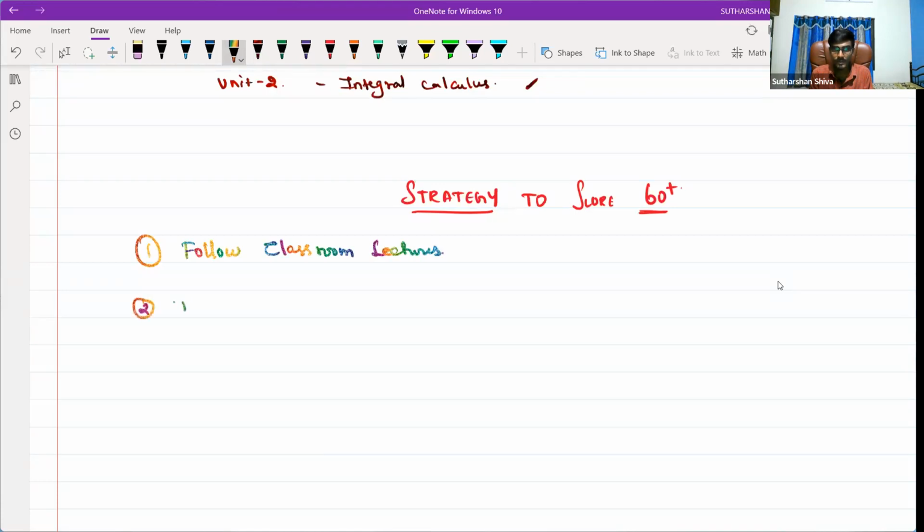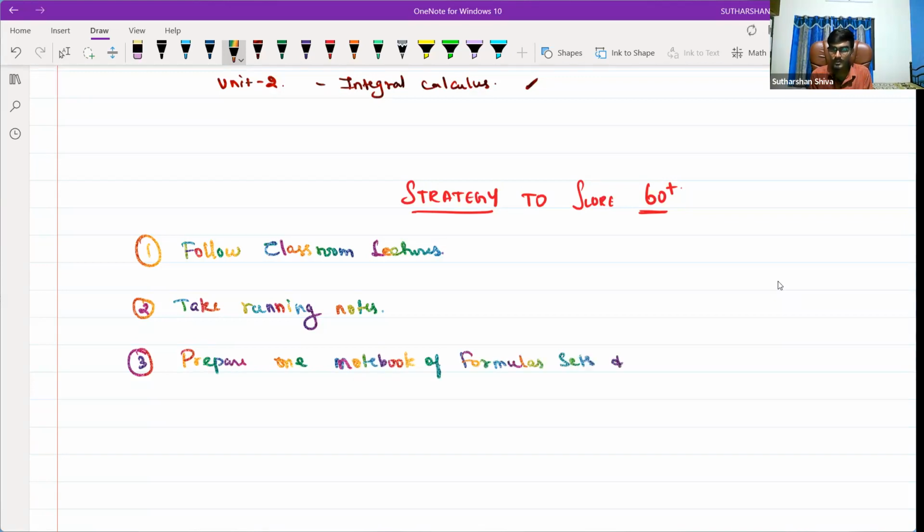Then take running notes. Third one, prepare one notebook of formulas, sets, and tricks and shortcuts.